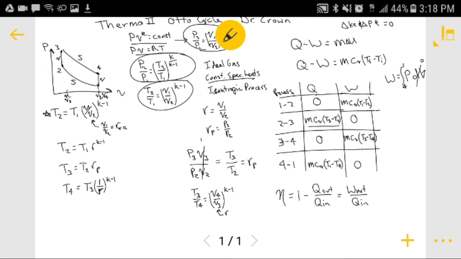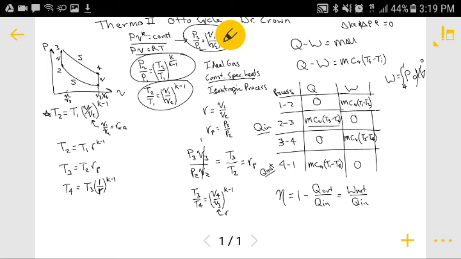This process 2 to 3, that's Q in, and the only other Q must be Q out. Of course, we can tell by the sign, although it's not difficult to figure out. Process 2 to 3 is constant volume heat addition. It's making the pressure go up and the temperature go up. But we can just follow the sign convention and get the right answers.